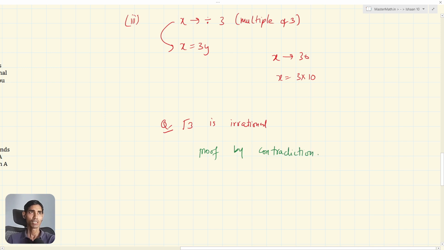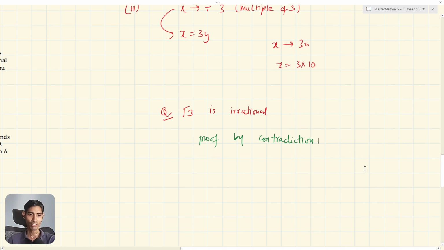We will pick something that is not true, assume it to be true, and then follow a series of steps and prove our assumption wrong. And if the assumption was wrong, the original case was right. I will just start with this, and then you will understand.